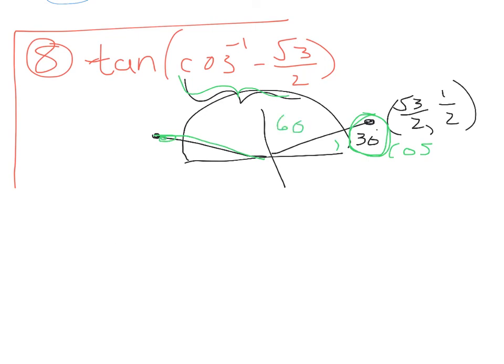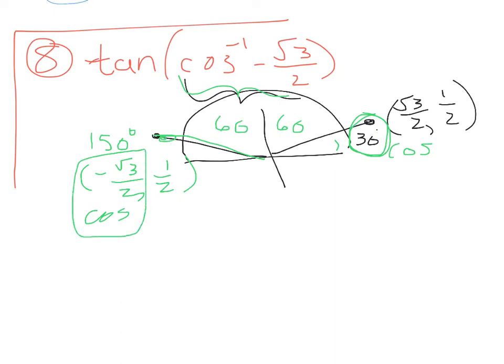So the difference from the y-axis down to that reflected point is going to be 90 plus 60, or 150. So at 150 degrees, my cos is negative root 3 over 2.